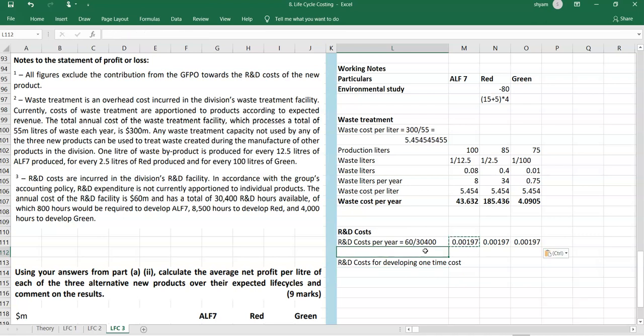So the R&D hours required here are going to be 800 hours, 8500 hours, and 4000 hours.